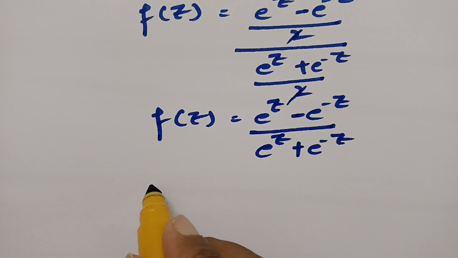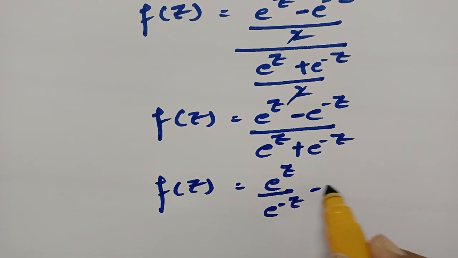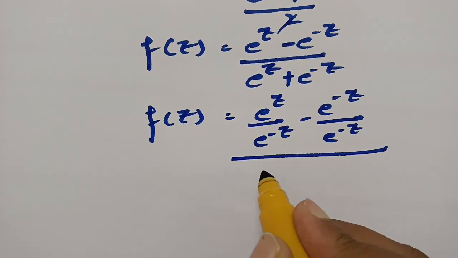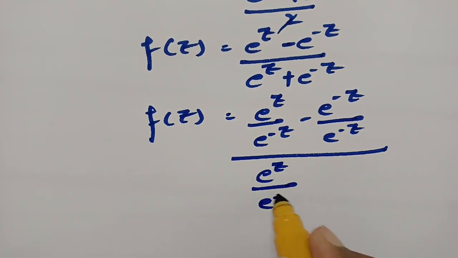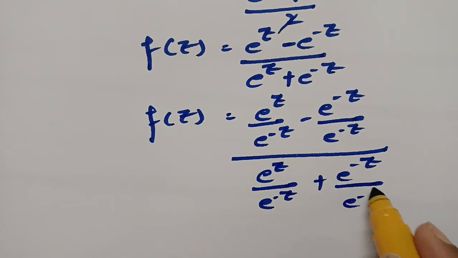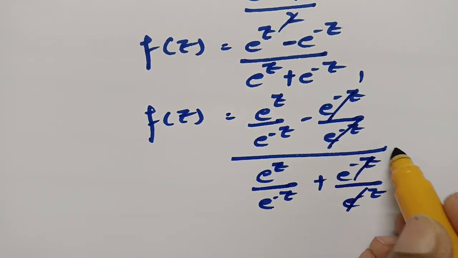So here f of z is equal to, if I divide each and every term with e power minus z, in the denominator also with e power minus z, in order to balance, e power minus z by e power minus z goes in one time, so it also goes in one time.